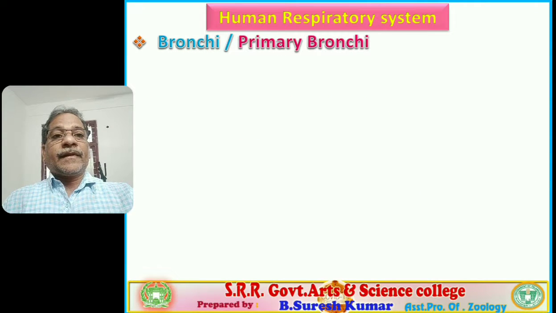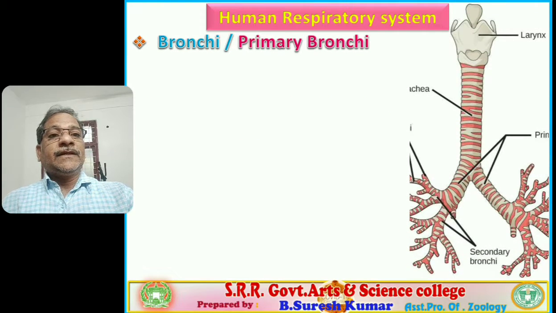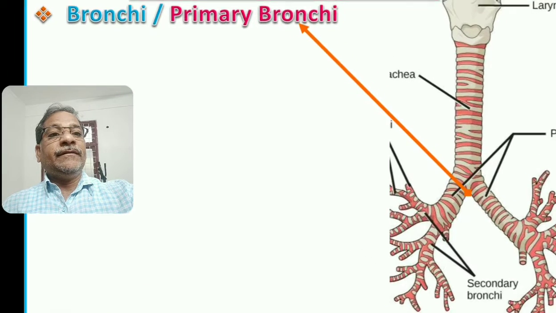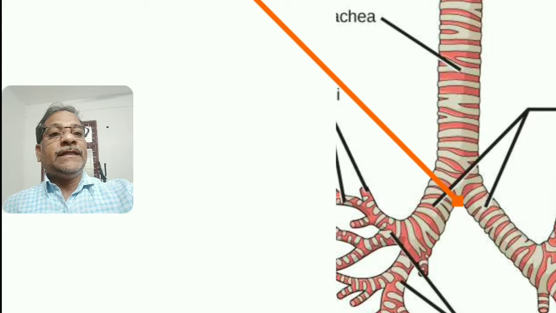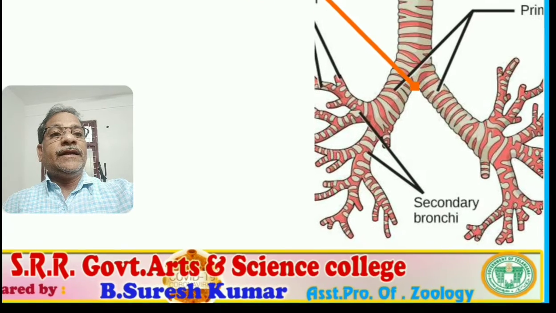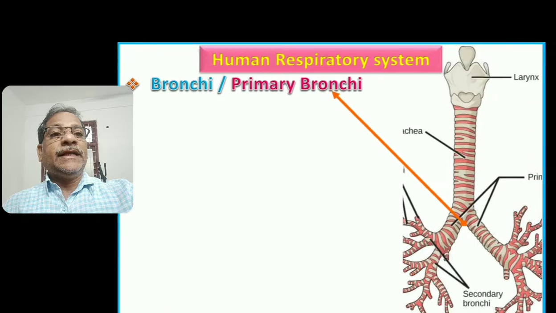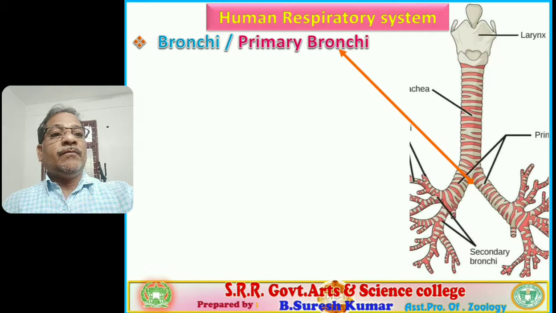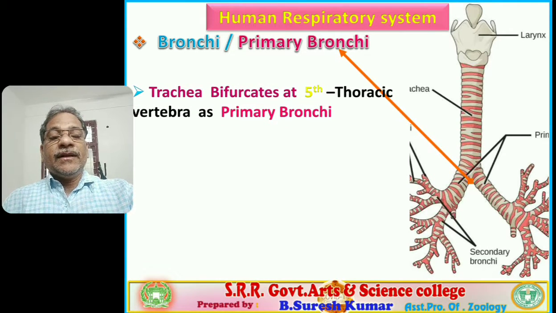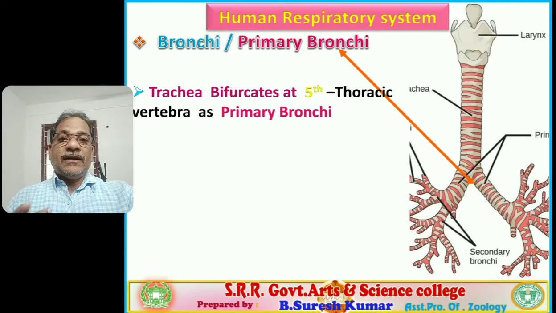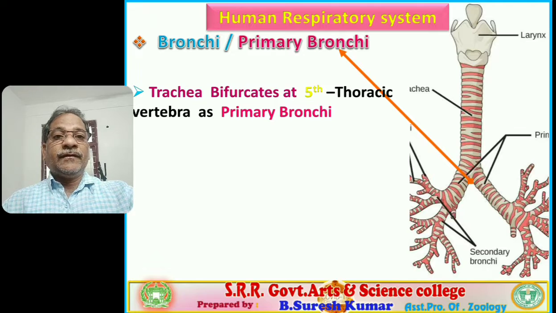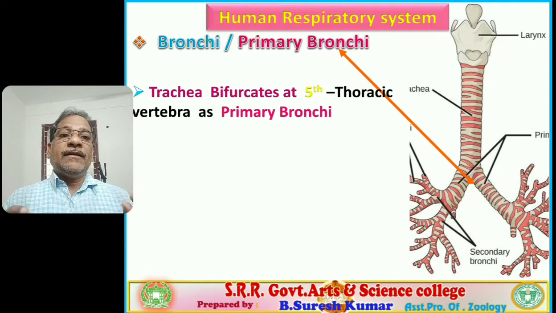Next, let's discuss the primary bronchi. You observe this is the primary bronchi, where the trachea divides into two branches and enters the lungs. That part is considered the bronchi, otherwise primary bronchi. The trachea enters the thoracic cavity up to the mid part, and there it bifurcates.